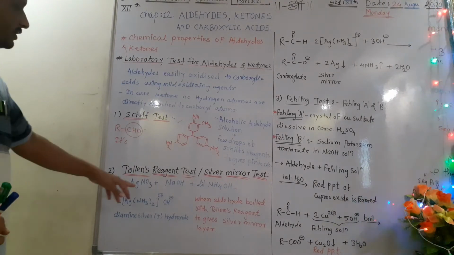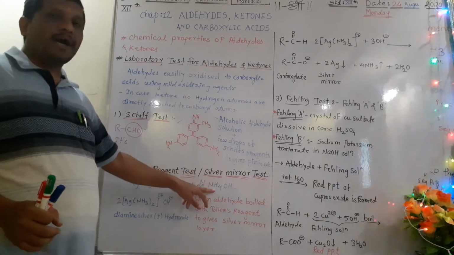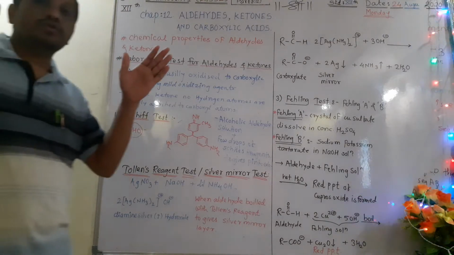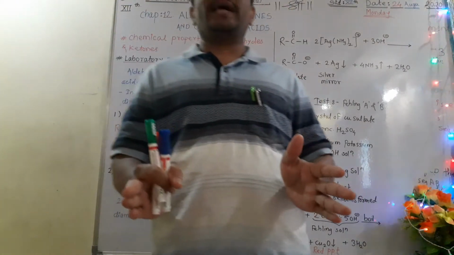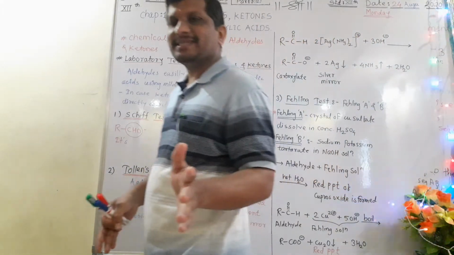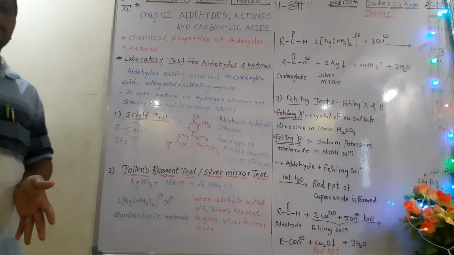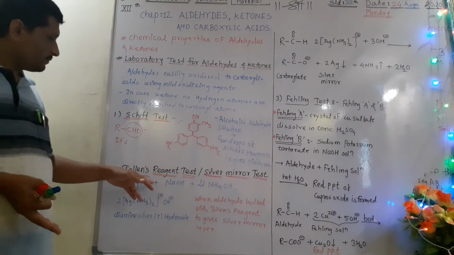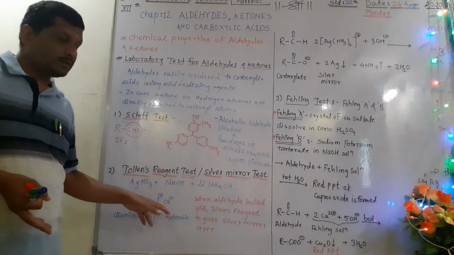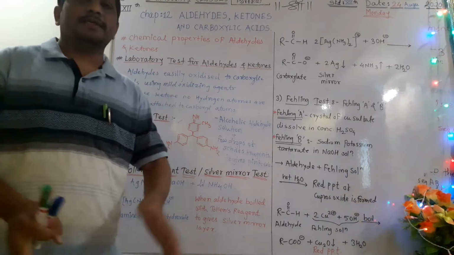Firstly, AgNO3 plus NaOH plus dilute ammonium hydroxide, silver nitrate plus sodium hydroxide plus dilute ammonium hydroxide, gives the product [Ag(NH3)2]+ plus hydroxide ion, and this compound is known as Tollens reagent.